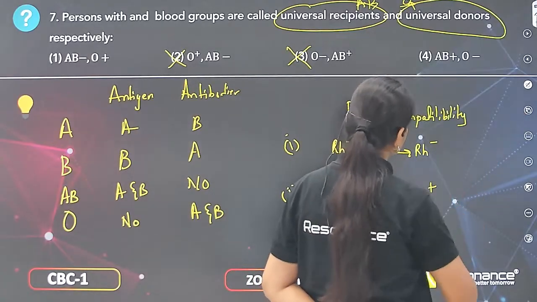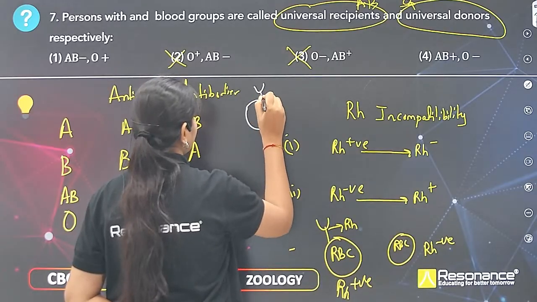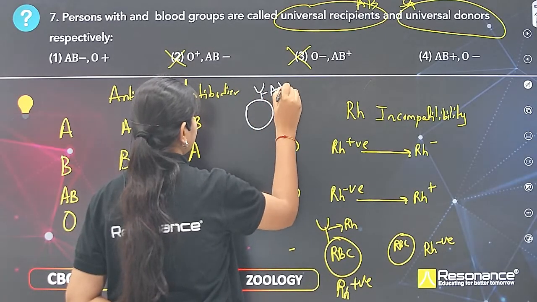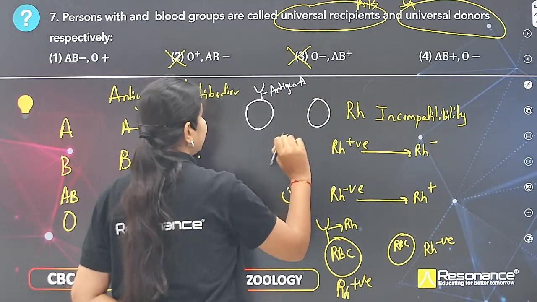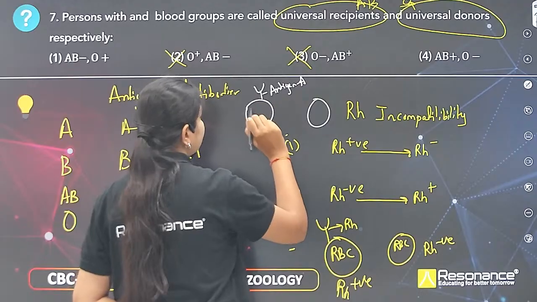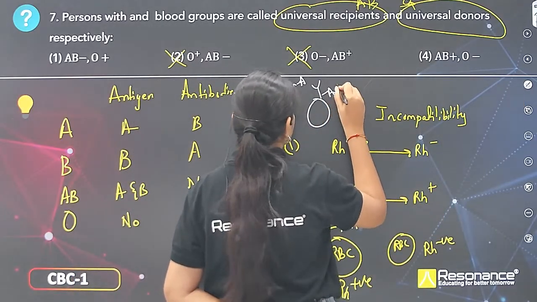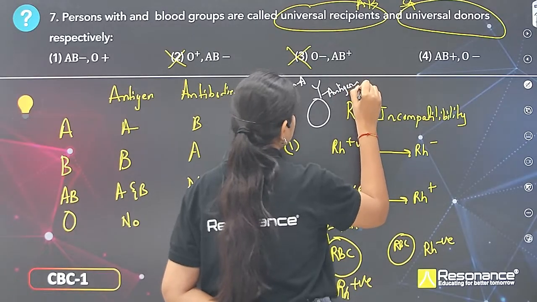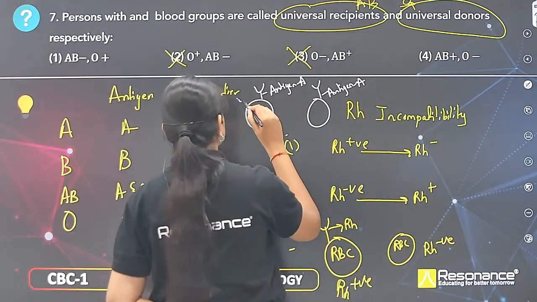So for example, let us do it for the A blood group. This is antigen A, and let us use this blue color for your RH.